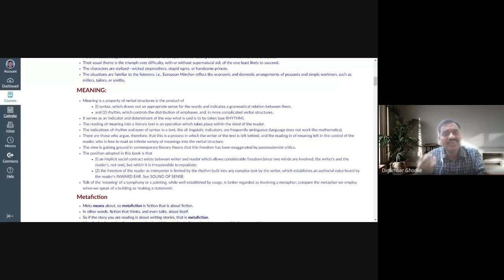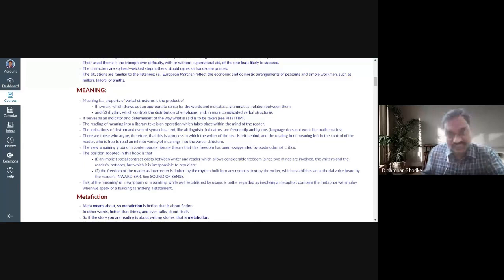There are certain people who argue that this is a process in which the writer of the text is left behind, and the reading in of meaning is left in the control of the reader. It is up to the reader to find the meaning. Once the writer writes, he is left behind. You might be knowing something about Roland Barthes and other postmodernists, post-structuralists.